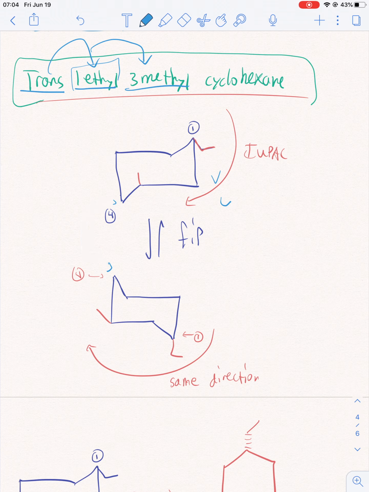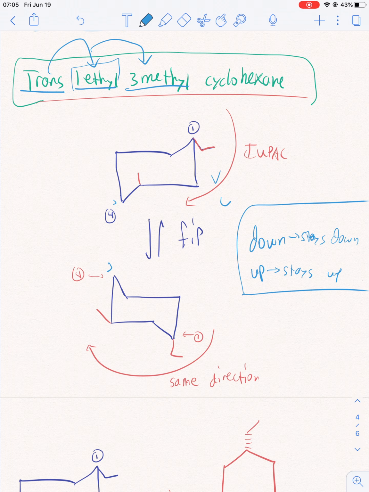When you flip the chair, now the chair is flipped, right? 1's down here, 4's up here. Okay, here's a rule. Whatever's down stays down, whatever's up stays up.